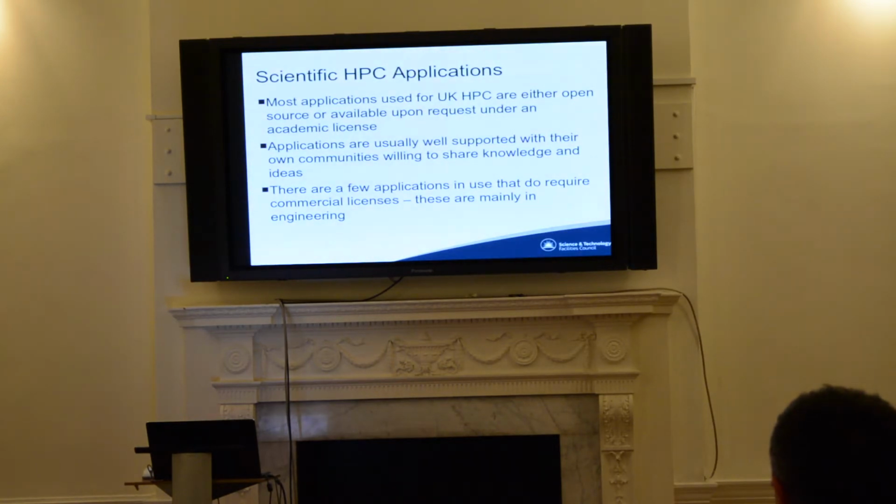However, they're not that widely used on the larger systems, such as Archer and the larger tier 1 resources, 100,000 cores at the Hartree Centre, because in general it's quite difficult to get that type of application scaling up to that level or number of cores due to the underlying algorithms that are used within the code.